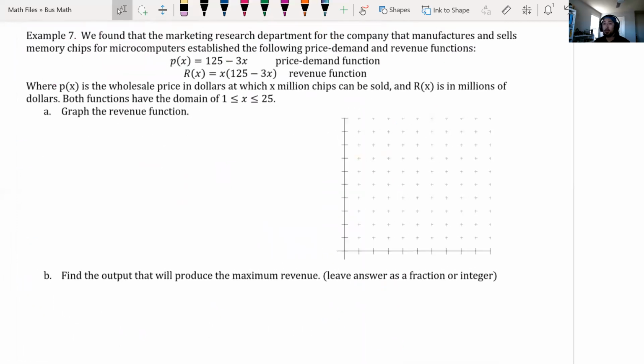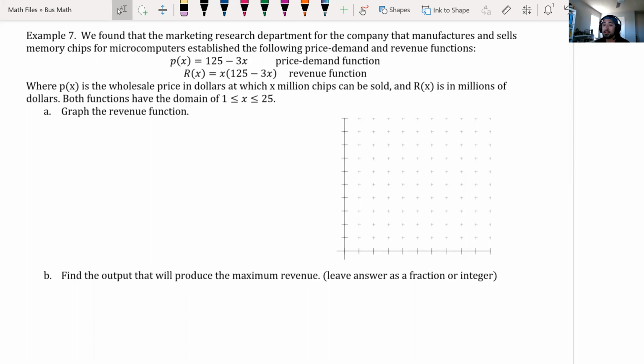So, all right, for this example, we found that the marketing research department for the company that manufactures and sells memory chips for microcomputers established the following price, demand, and revenue functions. So the price demand function is P of X equals 125 minus 3X.